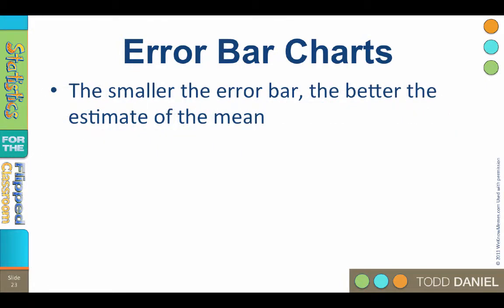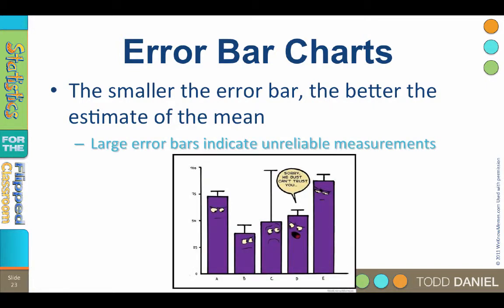So we balance precision with confidence. The mean is a precise single number, but it is never completely accurate. A range of scores is not as precise, but also is more likely to contain the true mean. But a mean with a small error bar tells us that the mean is a very accurate predictor.